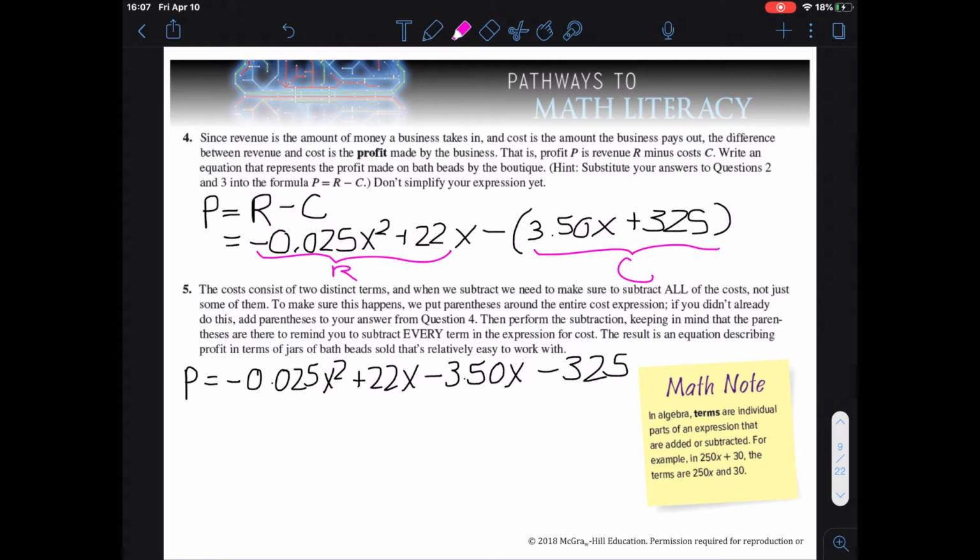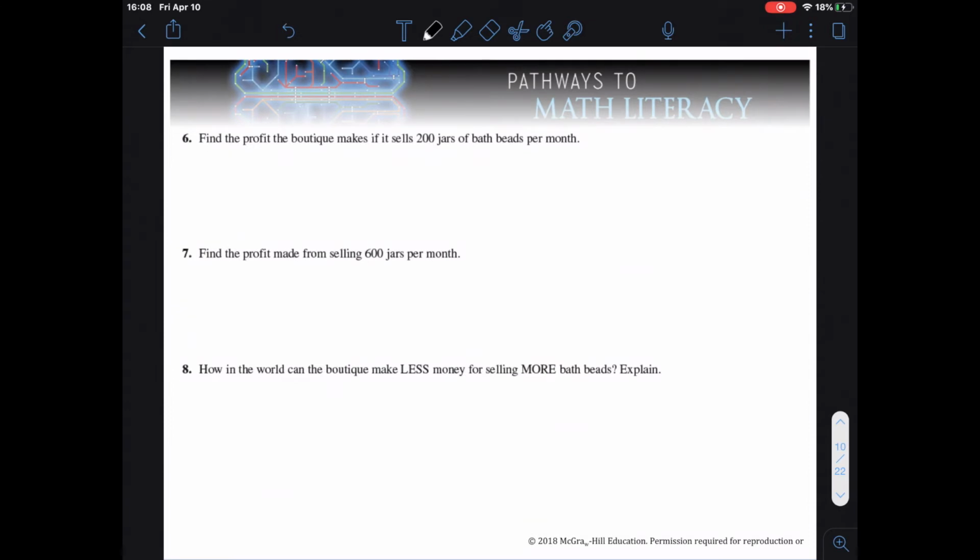So grouping our like terms, we have 22 x's and then we're getting rid of 3.5 of them. In total, we're going to have 18.5 x's. And then everything else was already the only component like it. So now I have this great formula for the profit function.